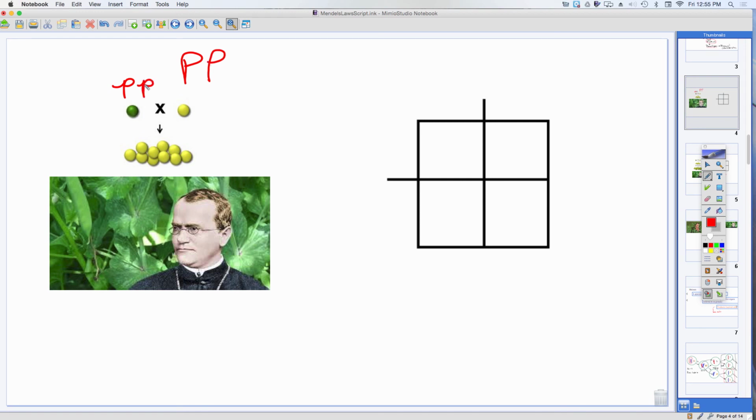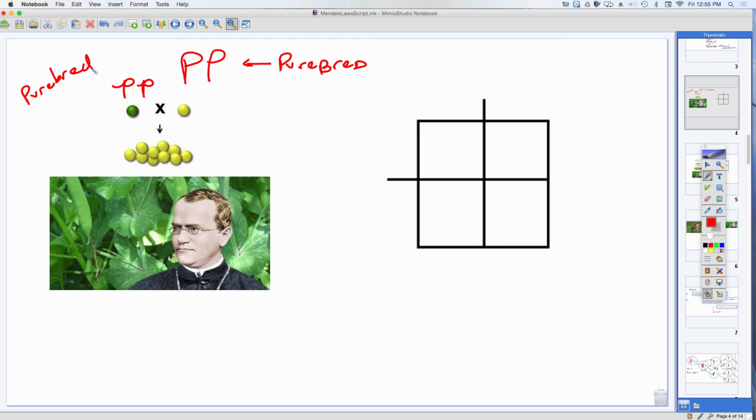So we can say that this yellow pea plant is big P, and the green pea plant is little p, and the reason why we use the same case is that this defines a purebred for that trait. The same letter says, hey, we are purebred for yellow, big P!